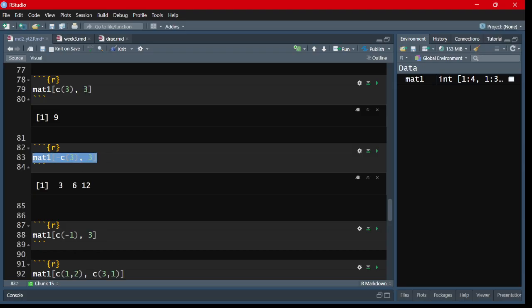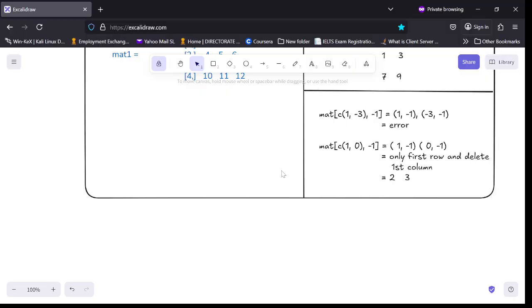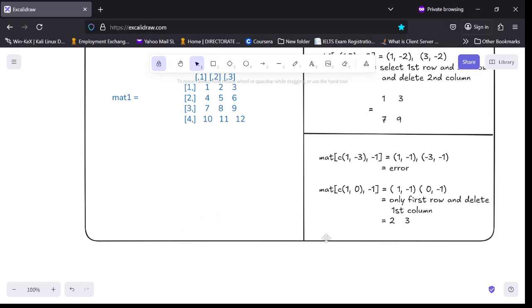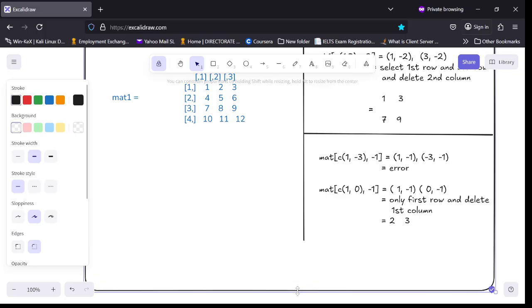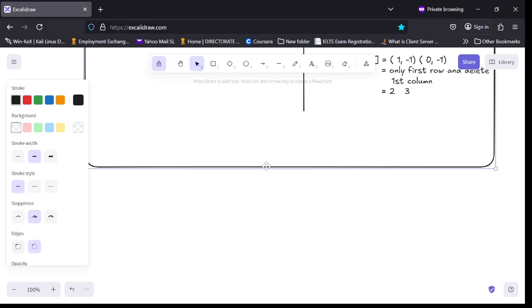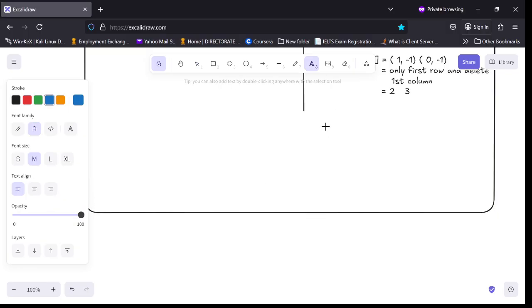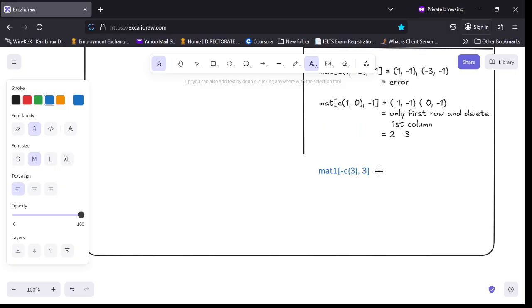Control C, and let's go here. Let's reiterate. In this case, what will be the output? So let's write the analogy. How can we establish or assume the result?